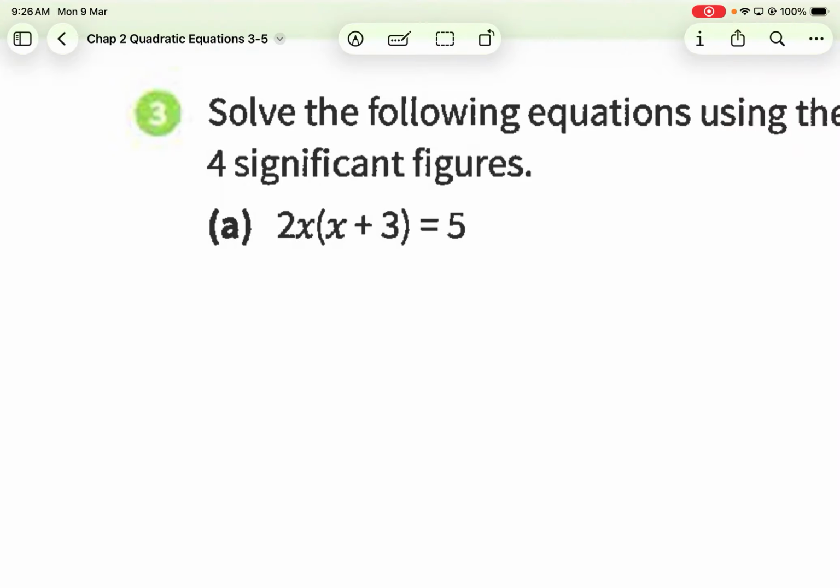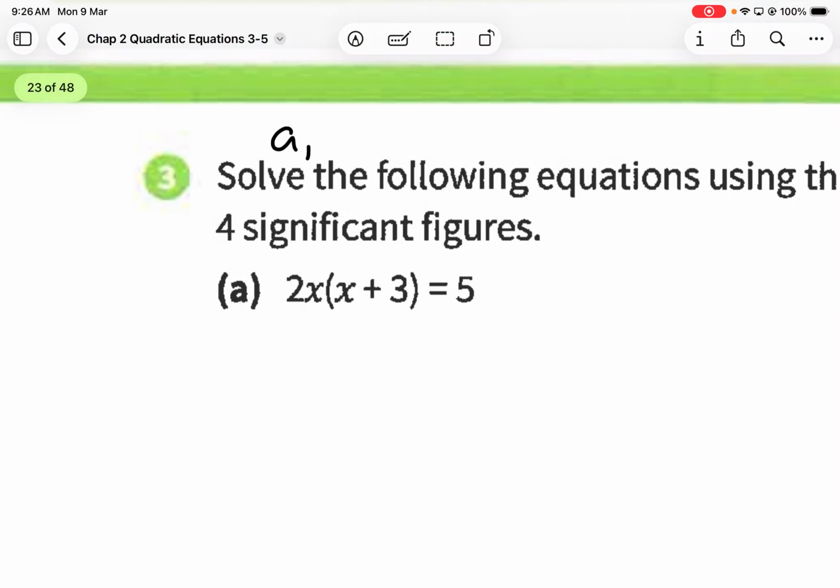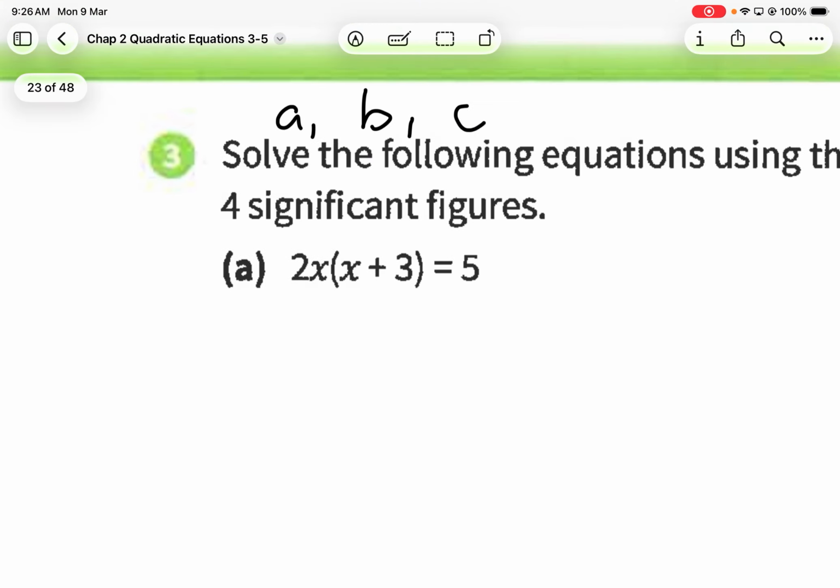Okay, if you want to use your quadratic formula, you know you need your A, B, and C. But if you want your A, B, and C, you have to first be able to arrange your terms in terms of how many x squared, followed by how many x, followed by how many numbers, and right hand side equals to 0.